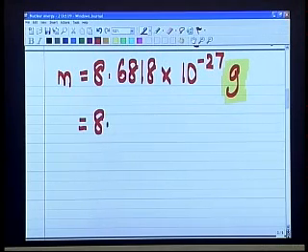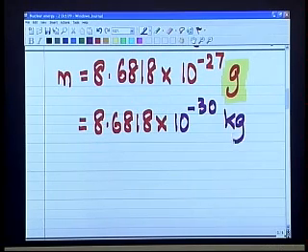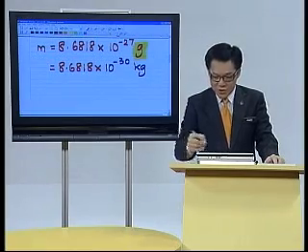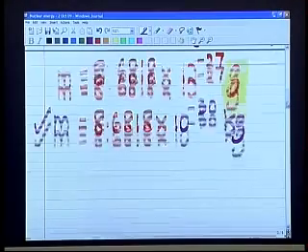So, in other words, the first step is very important. Change it to, I'm using another color to emphasize it, 8.6818 times 10 to the power of negative 30 kilograms. Okay, so now I have settled on this.